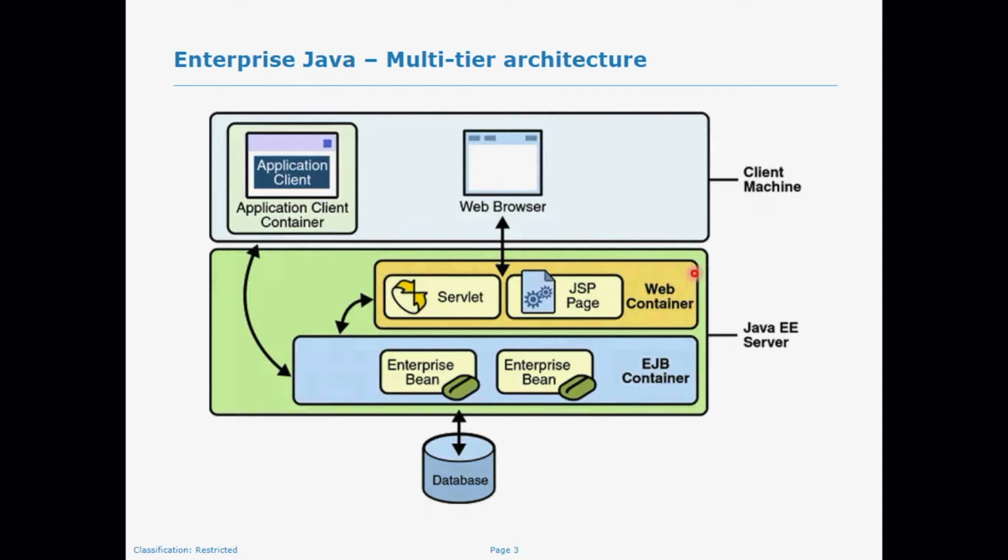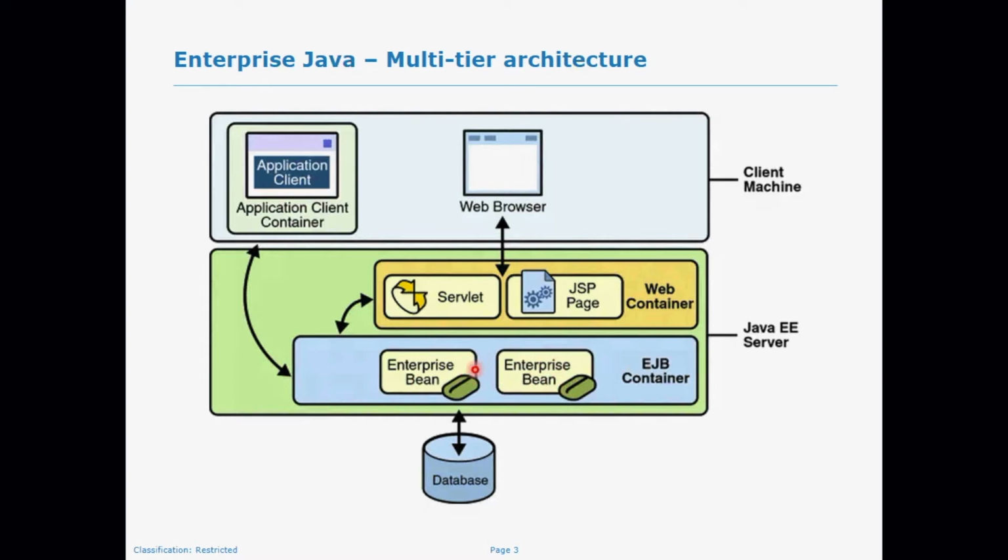What is your presentation tier responsible for? It is responsible for accepting the HTTP request and sending it to your business logic tier, which is your EJB container over here.